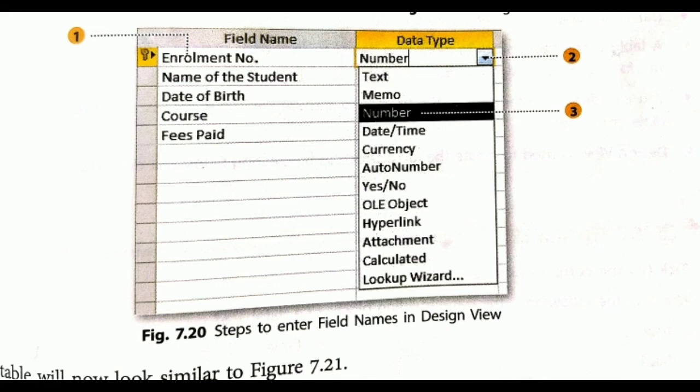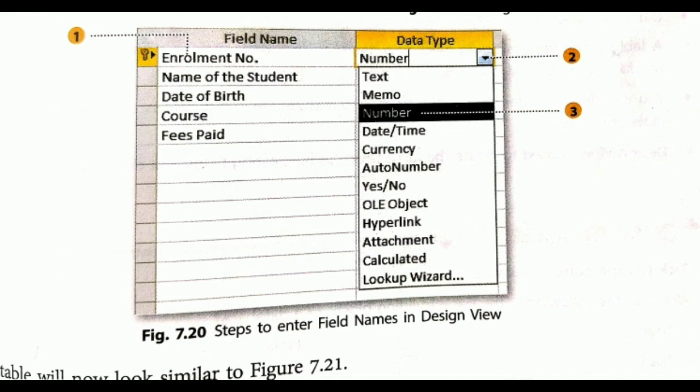But here in design view we users have to manually enter the data type and manually create the structure of our table. So after entering the field name, the second task is to enter the data type.